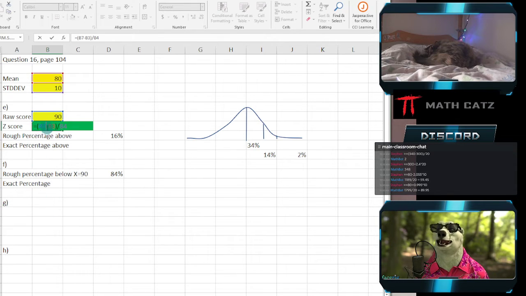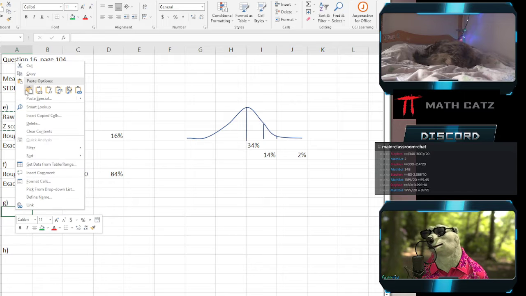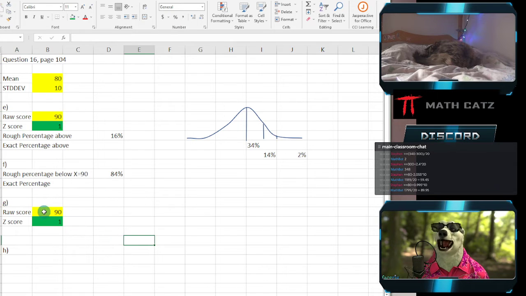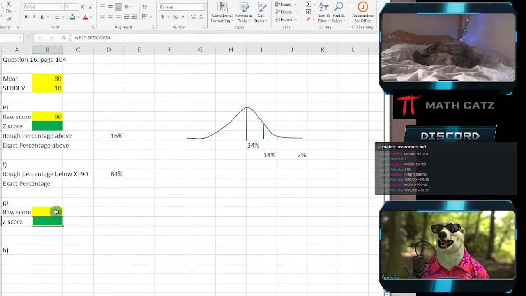I'm going to have a new raw input, but the mean, which is B3, I will fix that cell by pressing F, put my cursor in, then press F4, as well as the standard deviation cell. Then when I copy and paste this, I see that it is using the same mean and standard deviation cells, but the raw score has moved with me, so that now when I want an 80, the calculation updates, well, of course, to 0, right?